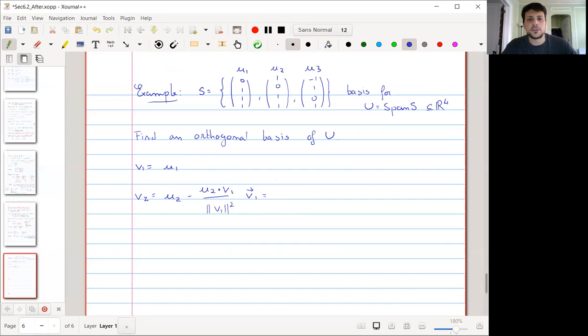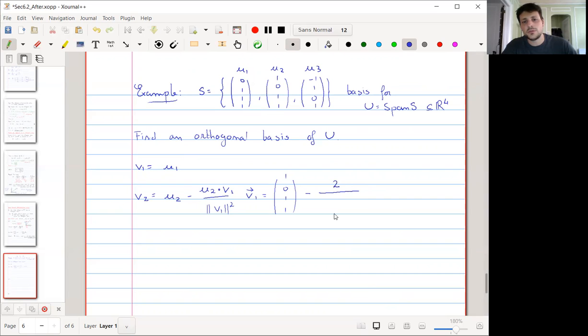So let's put numbers to all of this. u2 is 0, 1, 0, 0. Sorry, 1, 0, 1, 1. It's exactly the opposite of what I said. Then here we have to compute u2 dotted with v1. v1 is equal to u1, so we can compute the dot product up here. We get 0 times 1, 1 times 0, 1 times 1, and 1 times 1.